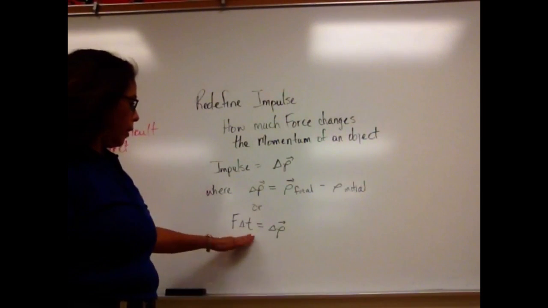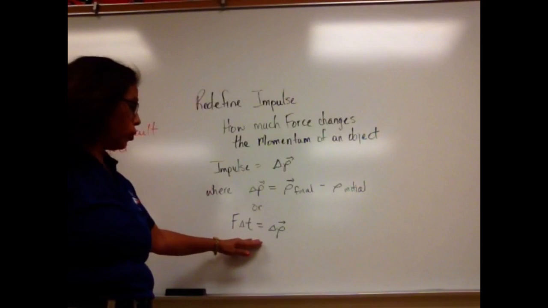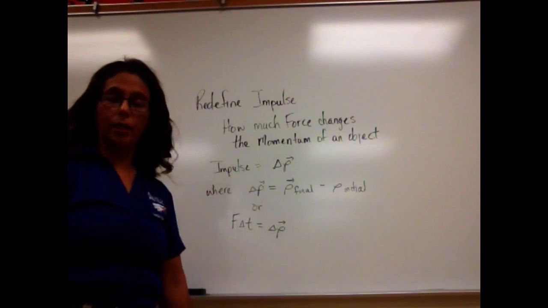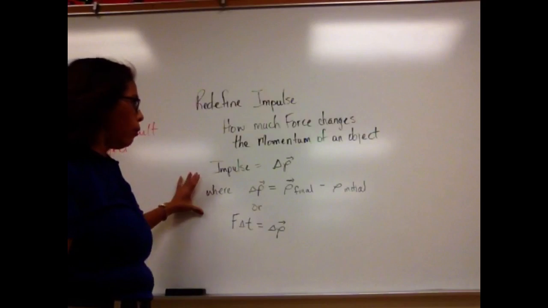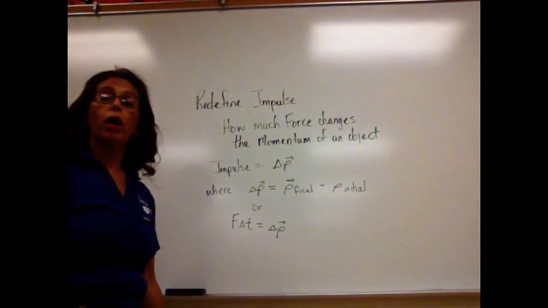And so at the end, force times the change in time is equal to mass times the change in velocity. This gives us an indication of how much impulse was required to change the momentum of an object.